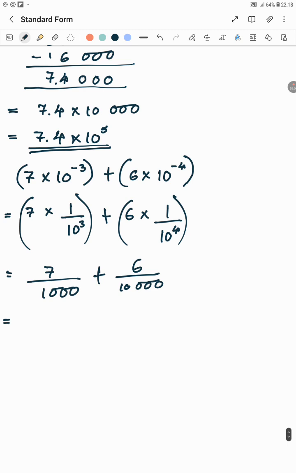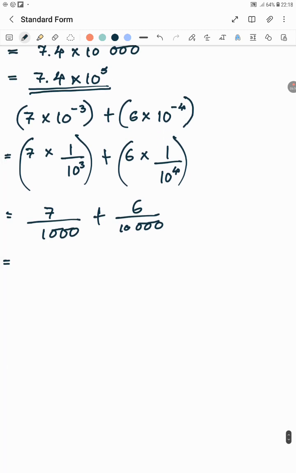And if you convert this to decimals, you will know that the number of zeros is equal to the number of decimal places. So this one will be 0,007, and you have got 1, 2, 3 decimal places, which tallies with the number of zeros here. And this one will be 0,0006.